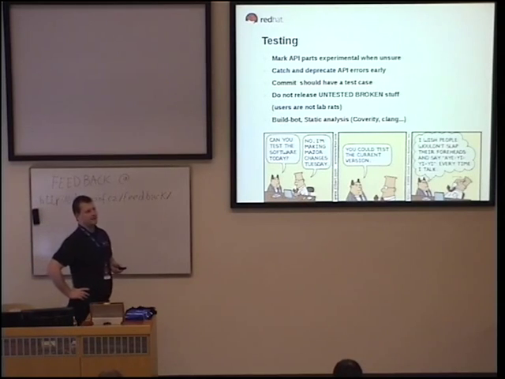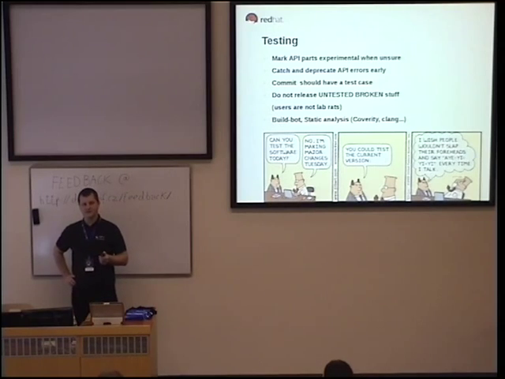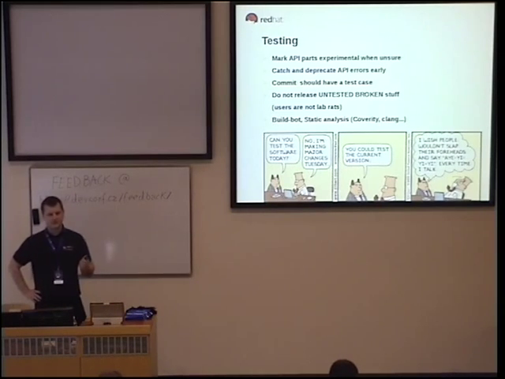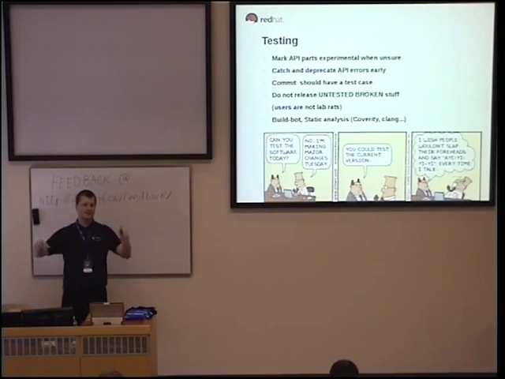When you add a new API functionality and you are not quite sure if that's going to stay that way, you should mark the API as unstable, and you should try to resolve this rather early, so the users are not seeing for years that this API is unstable.